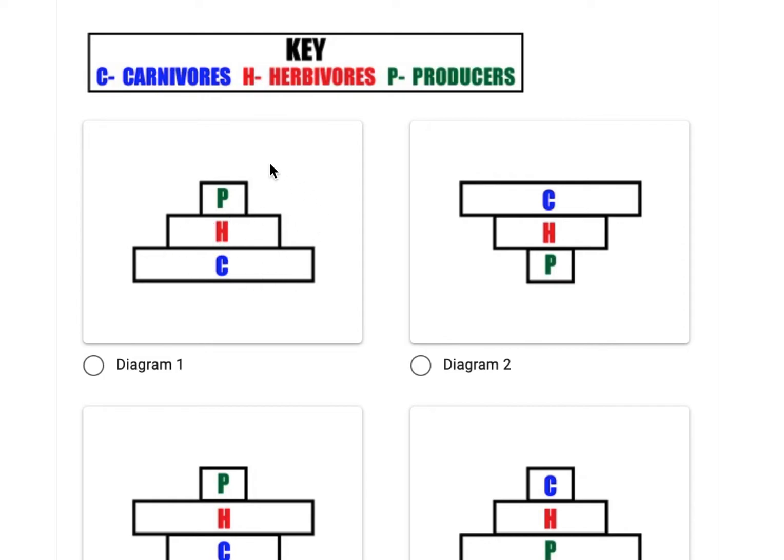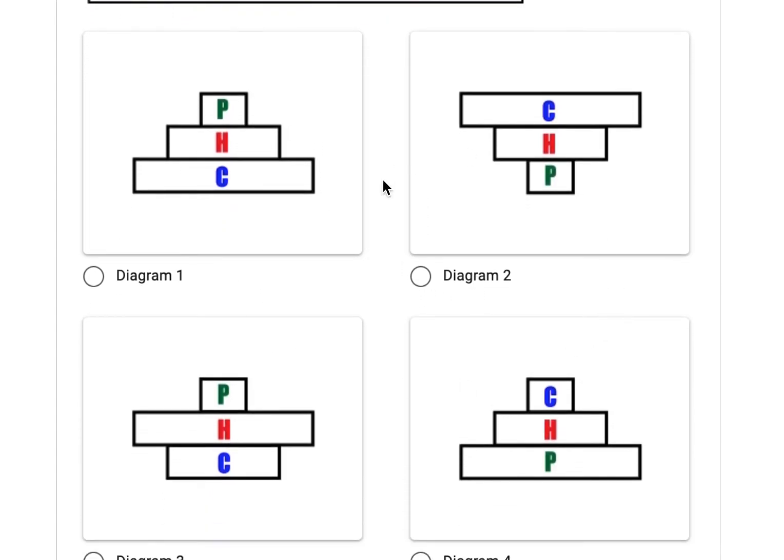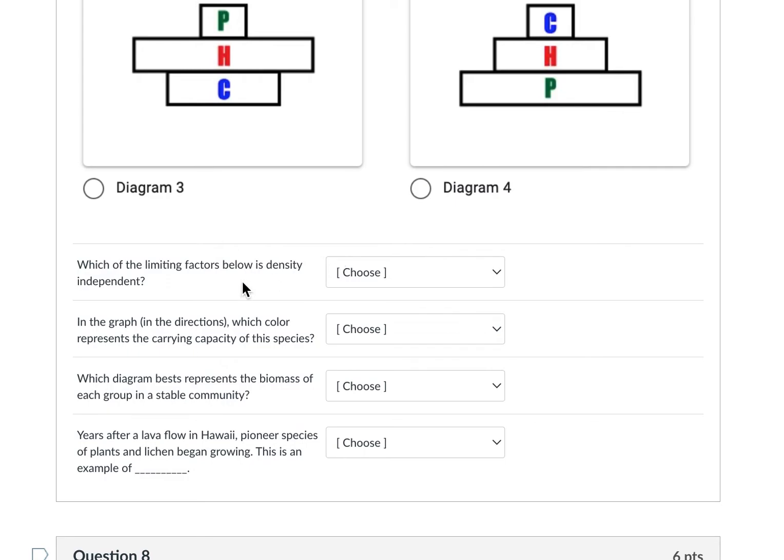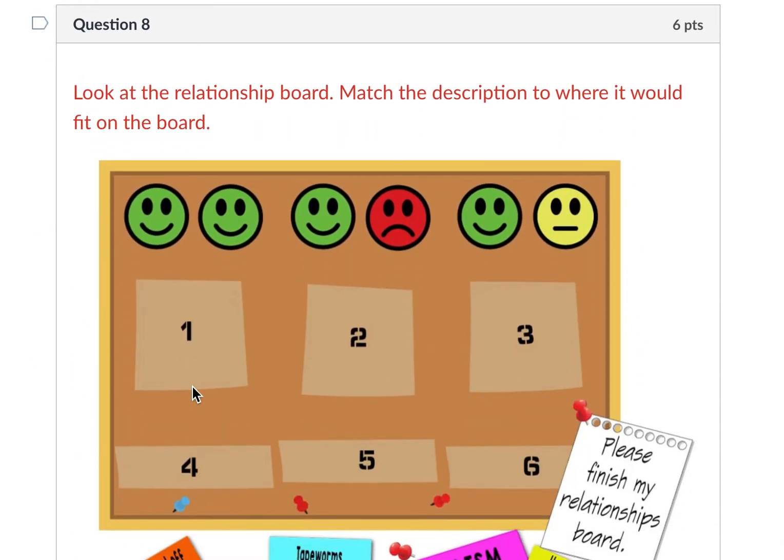Is that how a correct energy pyramid looks, with a massive amount of carnivores, just a few herbivores, and barely any plant producers? So you will want to look at energy pyramids and be able to tell which one of these is correct. But then you will answer these few questions about that here.